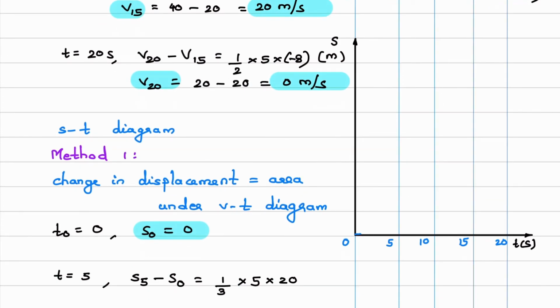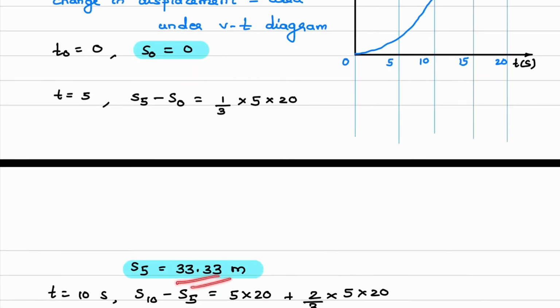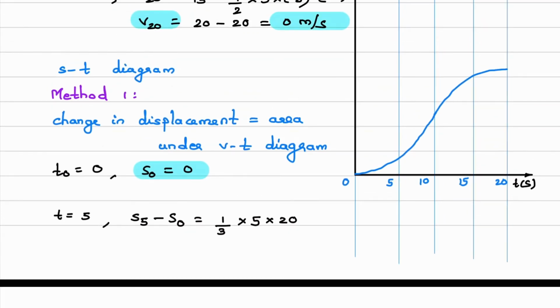ST diagram. Now we'll write down the points at t equal to 5 seconds. What is value of S? S5 is 33.33. So this value is 33.33 meter.